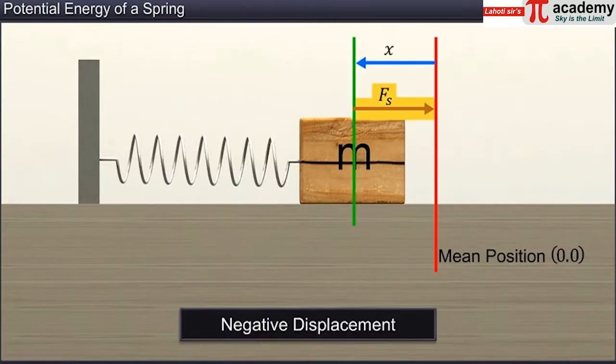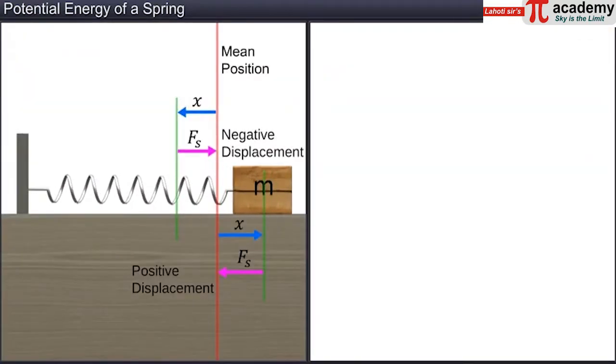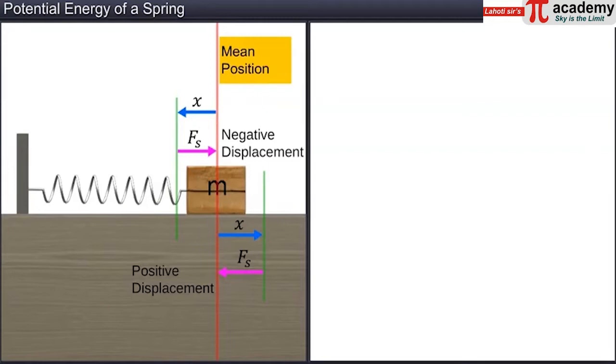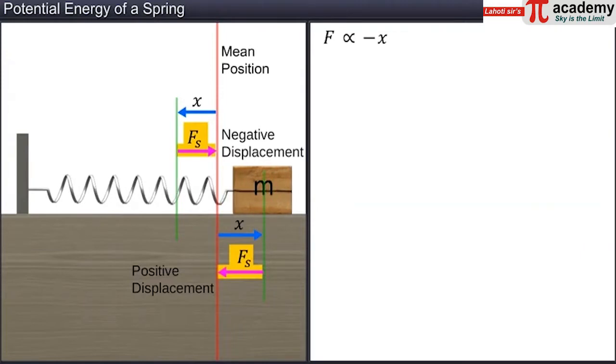The spring force is the restoring force which is responsible for bringing the block attached to the spring back to its mean position. The spring force F is directly proportional to the displacement x from the mean position. Thus, we see that the spring force F is proportional to minus x.